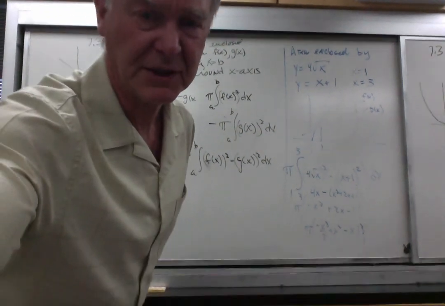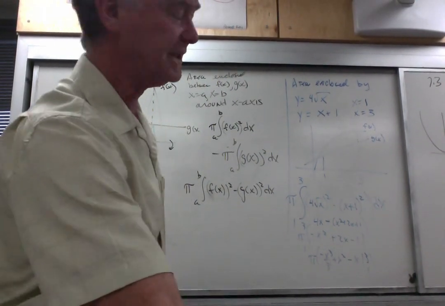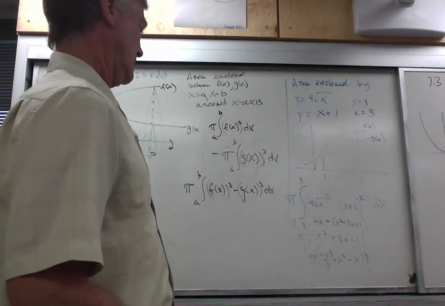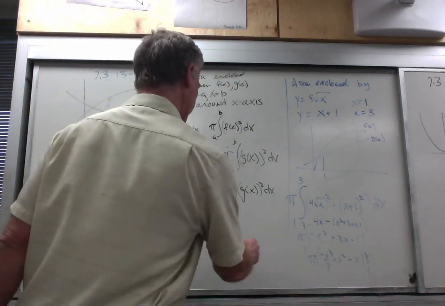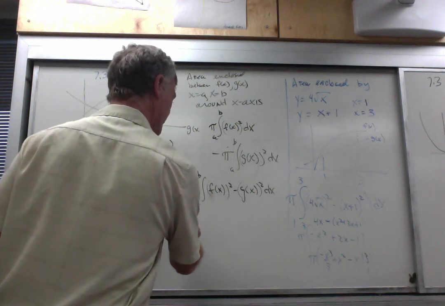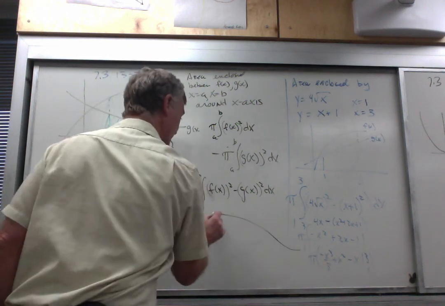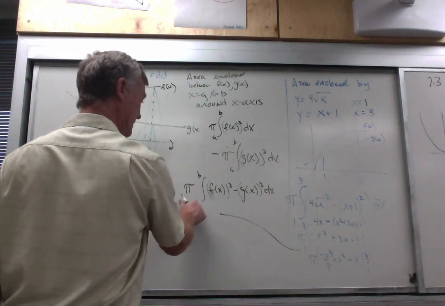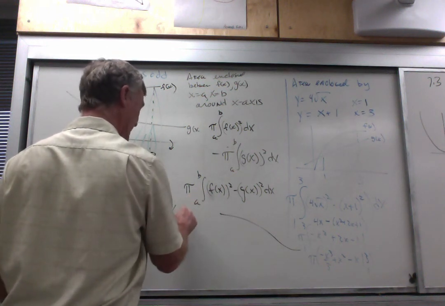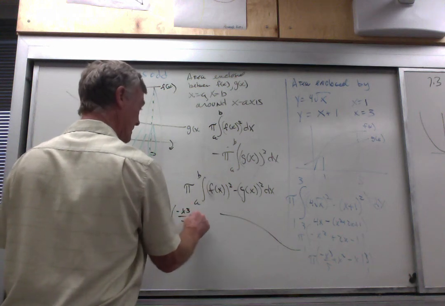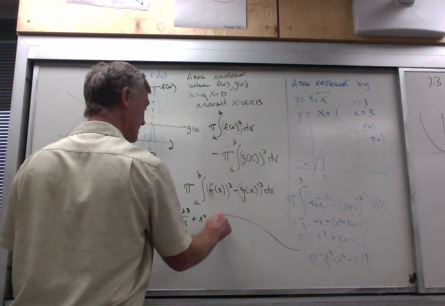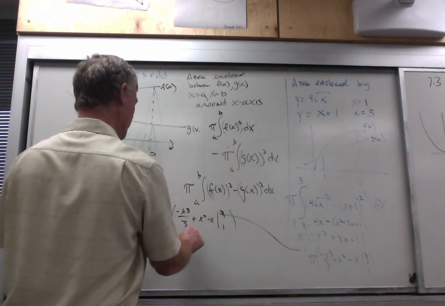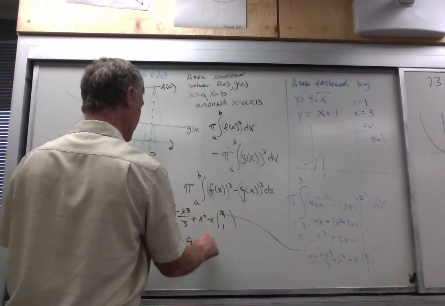Looks like that blue doesn't show up real well either, so I will probably stick with black. We may want to just do this problem. This right here was pi, and then we're integrating pi, and we would have negative x cubed over 3 plus x squared minus x from 3 to 1, and that would be negative 9 plus 9.